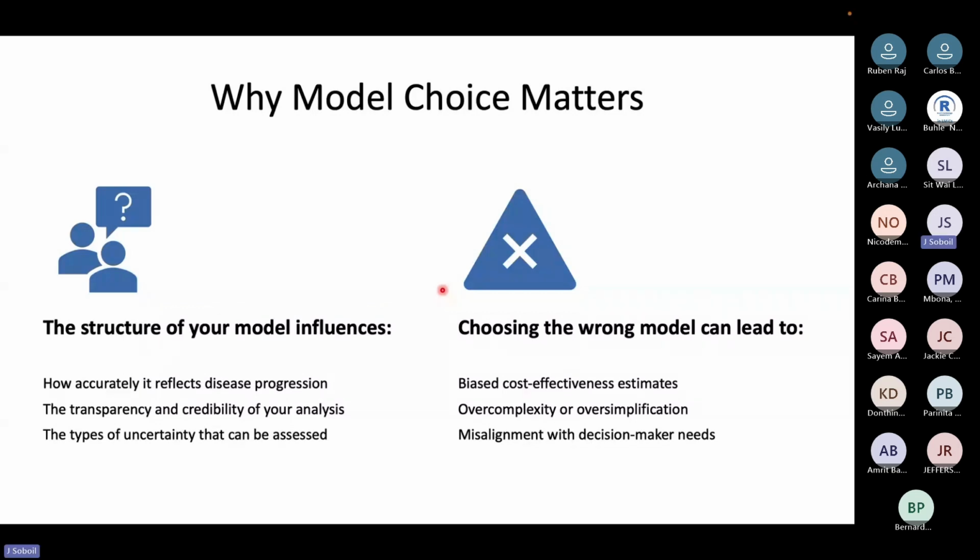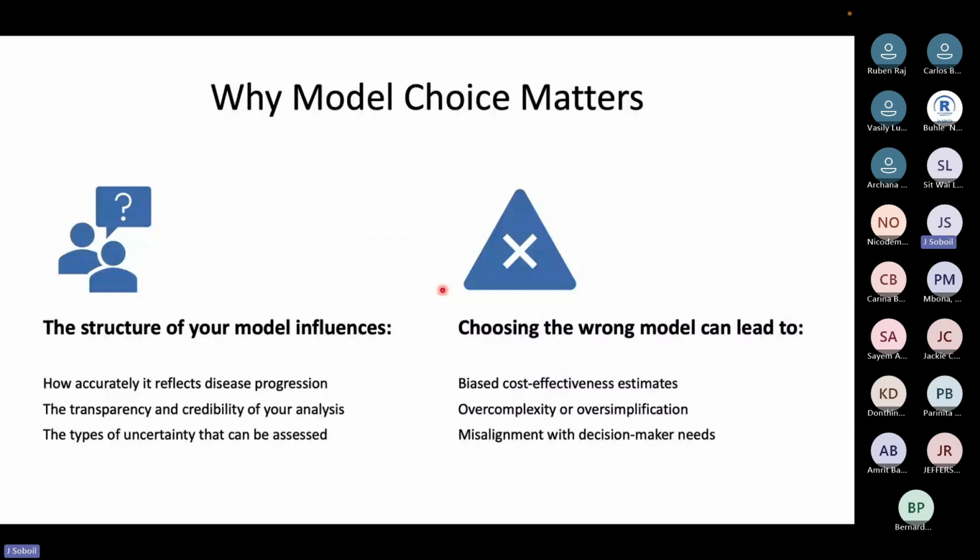And choosing the wrong model can also mean that it may be over complex, or in the other extreme, oversimplified for the given decision problem. And then again, this leads to the fact that you're not accurately reflecting clinical pathways and patient outcomes. And then it can also lastly misalign with what the decision maker needs.